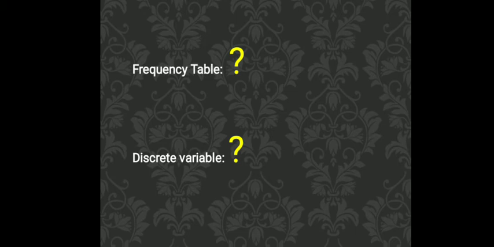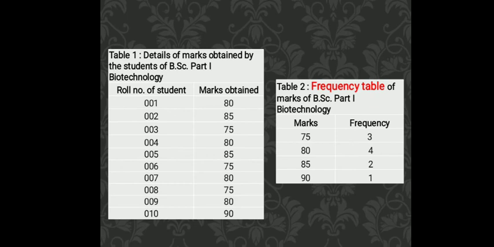We have to learn how we can create a frequency table of a single discrete variable using computer oriented techniques. Let's see how we can create such a frequency table. We can understand this by an example.